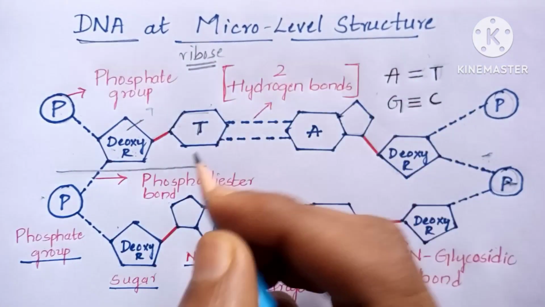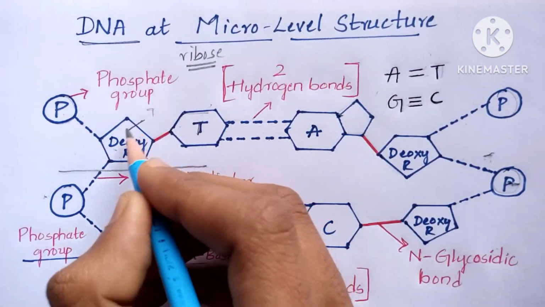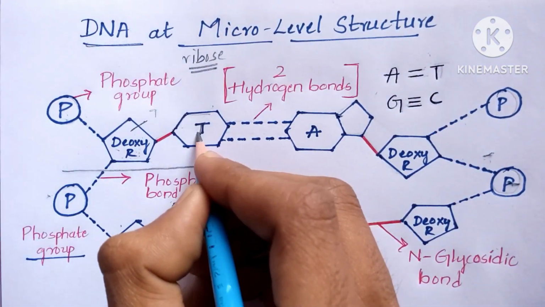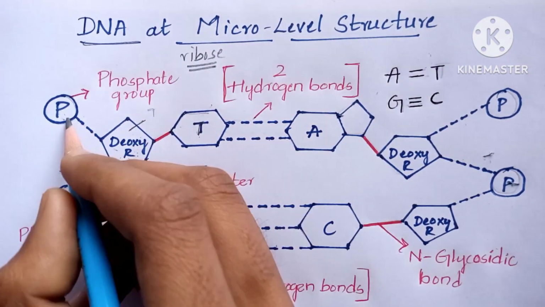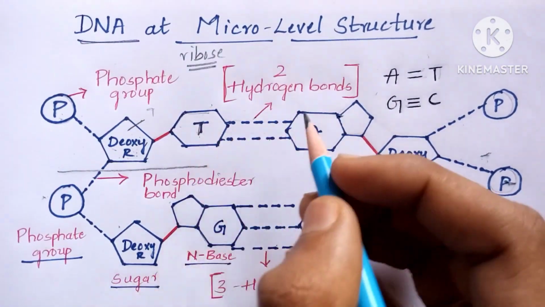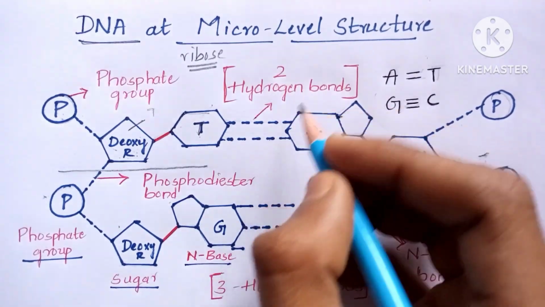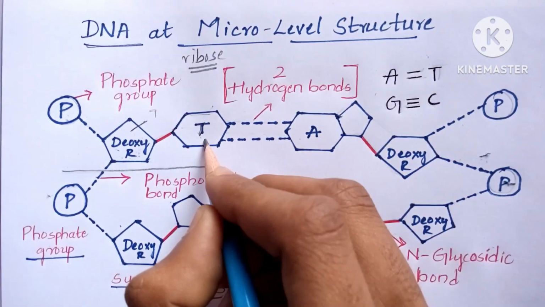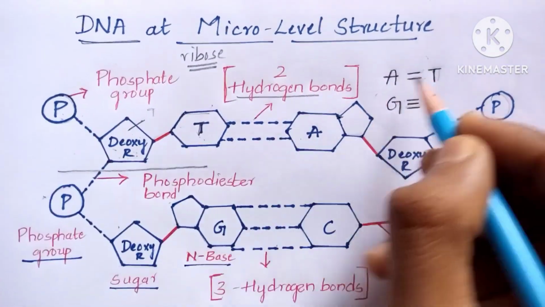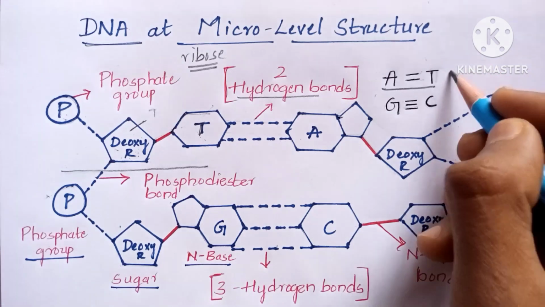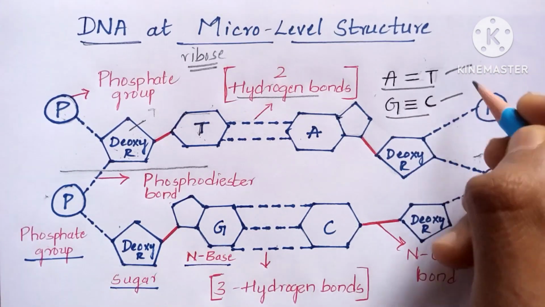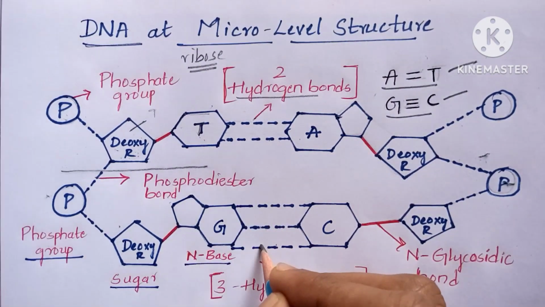So since it is clear, this sugar molecule is centrally placed, and the phosphate and the nitrogen base, that is the thymine, are placed on either side of the sugar molecule. Moving towards the bond between adenine and thymine, they are hydrogen bonds, and there are 2 hydrogen bonds between adenine and thymine, and 3 hydrogen bonds between guanine and cytosine.